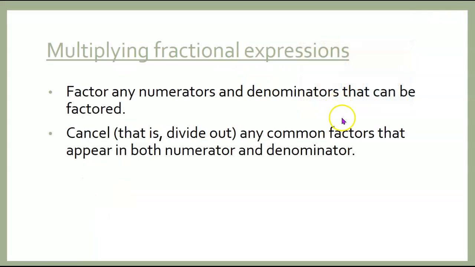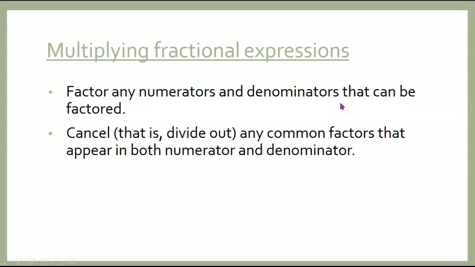So here's our strategy for multiplying fractional expressions. First, factor anything that you can factor in the numerator or denominator of any of the fractions. And then cancel, which really means you're dividing out, any common factors that appear in both the numerator and the denominator.